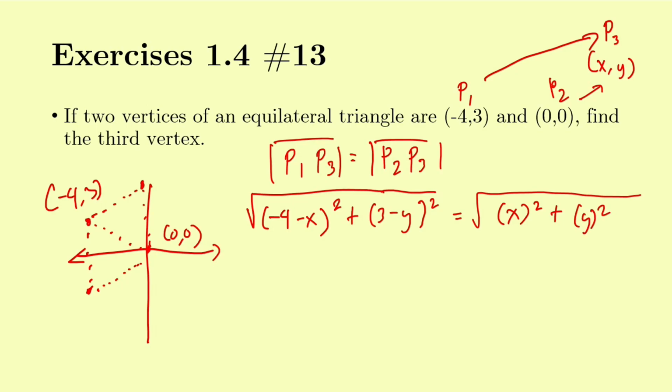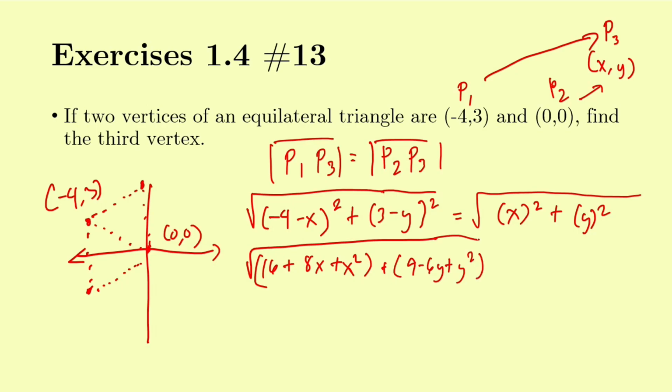So if we're going to expand this, magiging 16 plus 8x plus x squared for the first quantity, plus 9 minus 6y plus y squared for the second quantity.